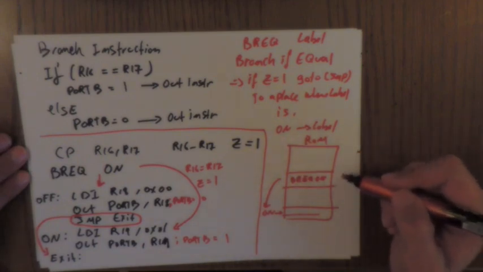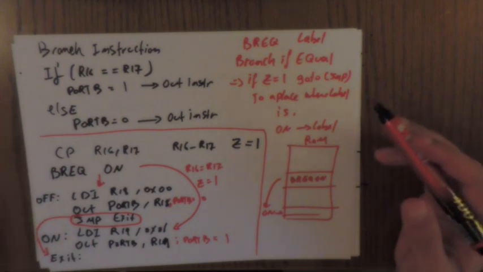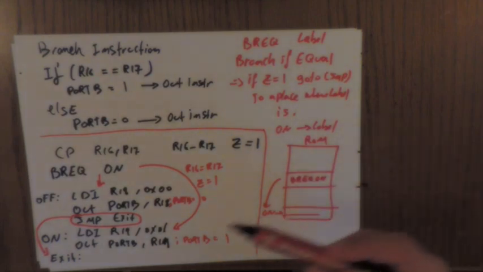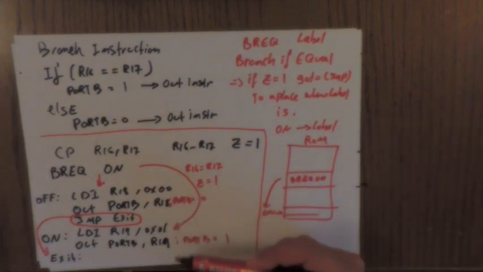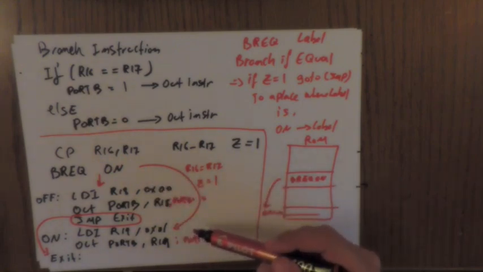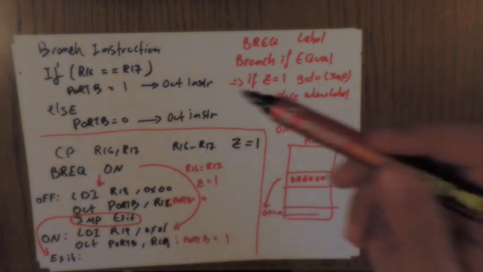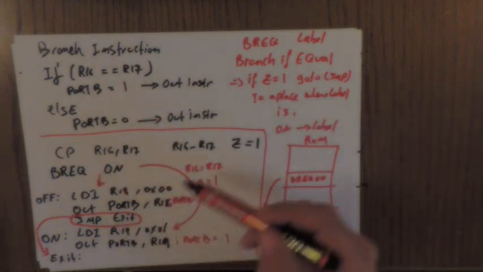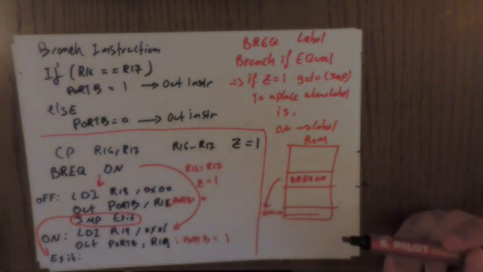So branch if equal just changes the course of execution of a program. The normal course of execution is one instruction at a time, but what branching does is skip over some instructions. It can go up, or it can go down. So I can do a loop with it, or I can just do a simple if-else.